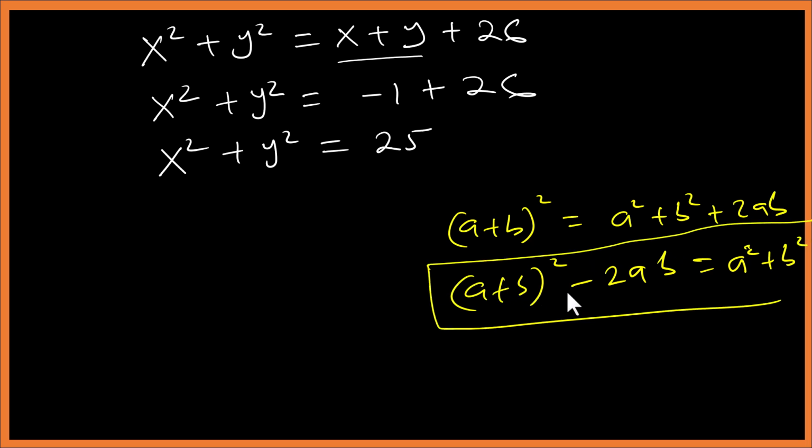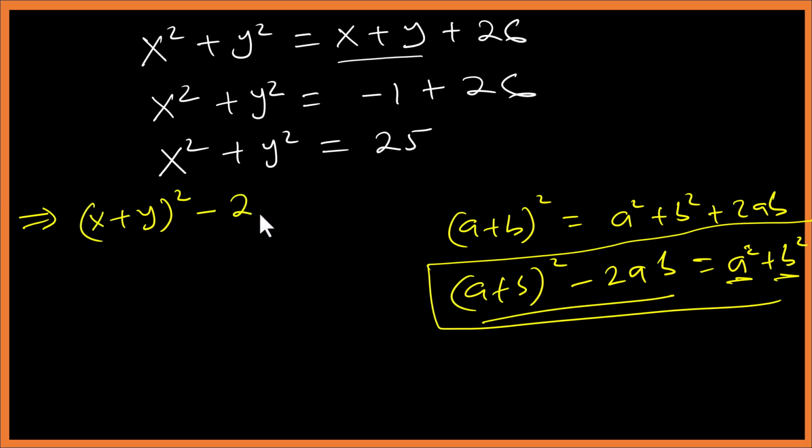Now let's check this x squared plus y squared. a squared plus b squared is the same as this minus that. So from here, we can write this one as x plus y all squared minus 2 times xy equals 25.